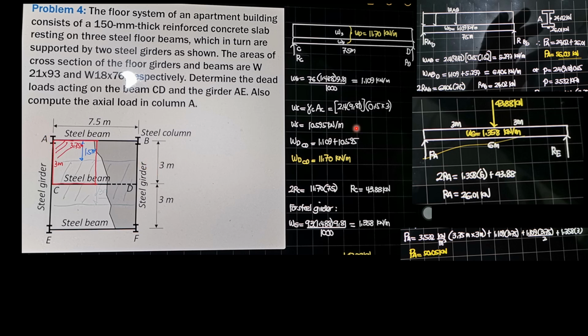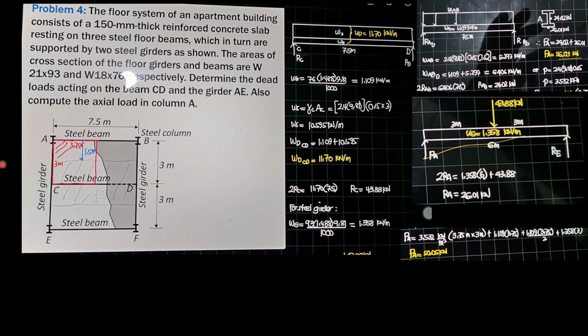So the uniform pressure due to the uniform weight of the slab is equal to specific weight of concrete times thickness of the slab, and it is distributed over this area here. So specific weight of concrete 2.4 times 9.81, thickness of slab is 0.15. So the uniform pressure due to the slab is 3.532 kilopascals.